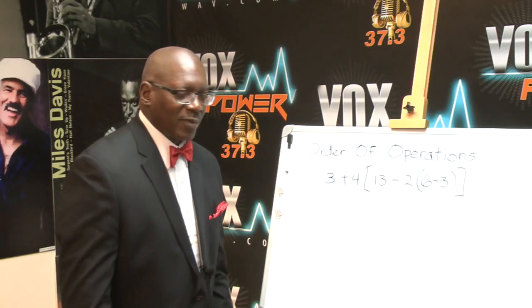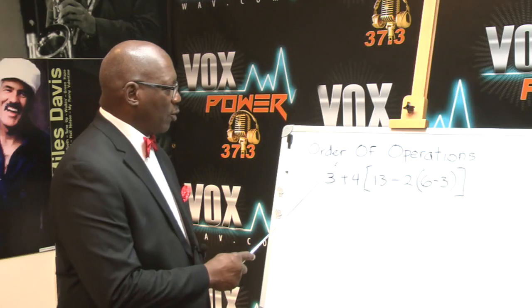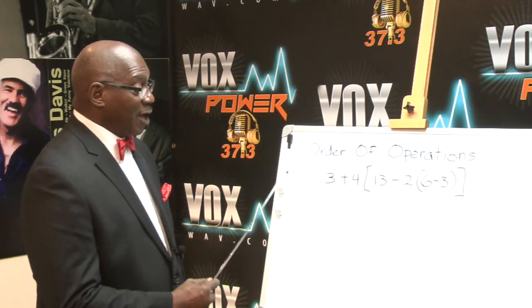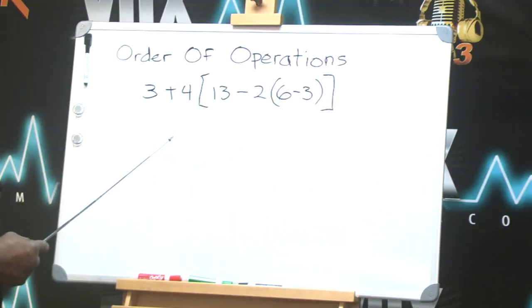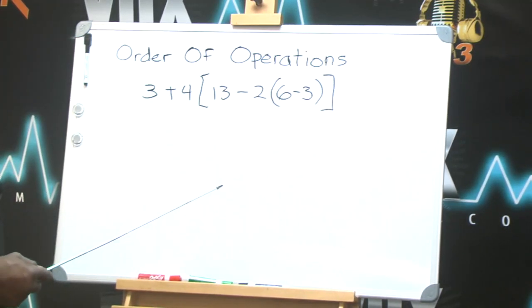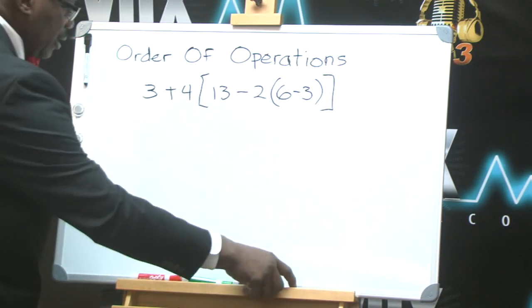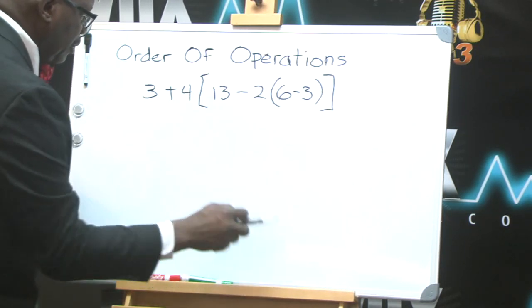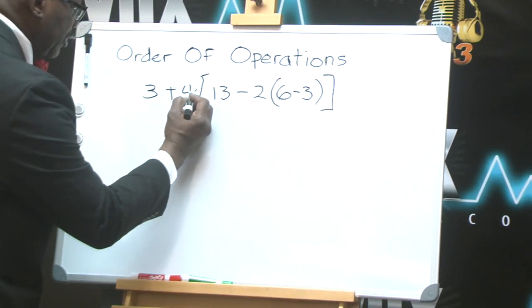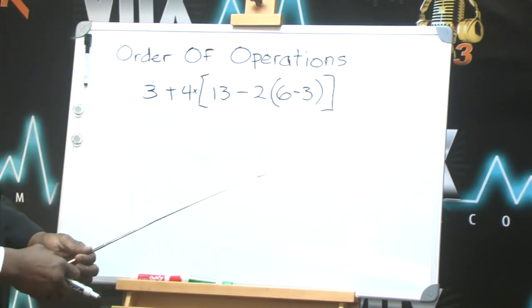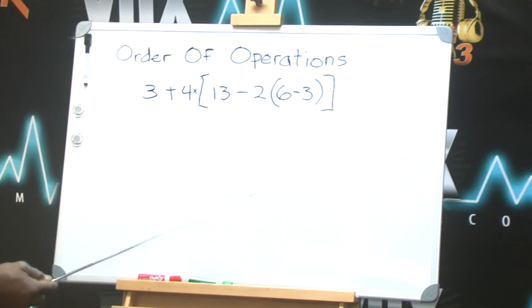Hello again. We're back again to talk about order of operations. And now we have a problem which has brackets, parentheses, and multiplication, even though you don't see that multiplication sign. This is something that we'll be learning in our language all its own called mathematics.